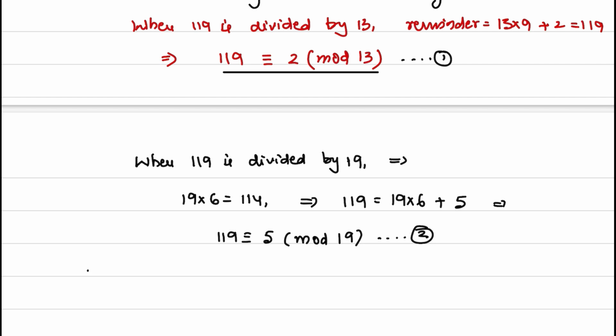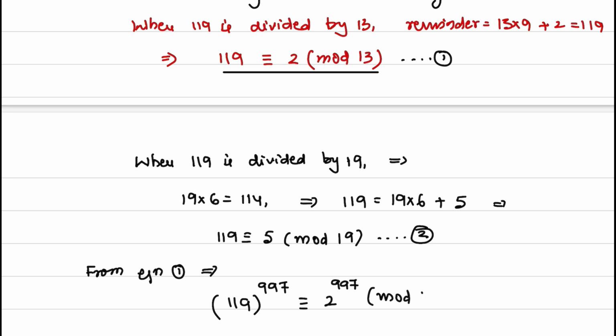From equation 1, it implies 119 to the power of 997 is equivalent to 2 to the power of 997 mod 13. This is the property of mods.